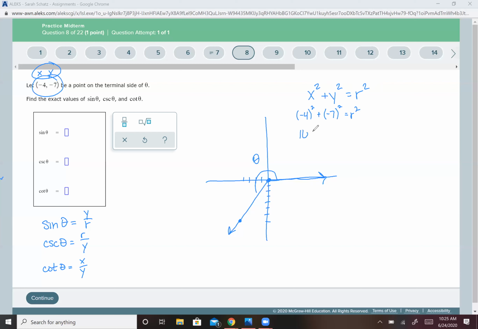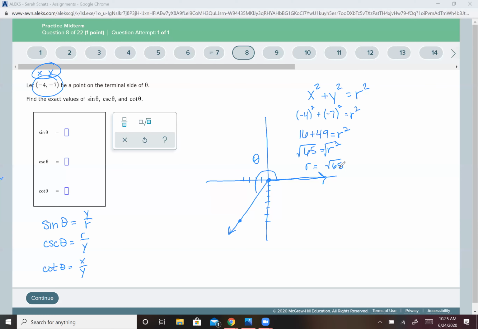So I have 16 plus 49 equals r squared, so I end up with 65 equals r squared. Now I don't need r squared, I need r, right? So I'm going to square root both sides here and get that r is square root of 65.